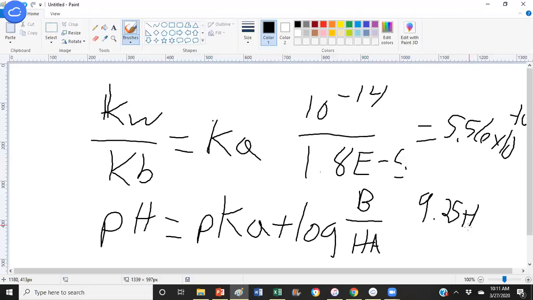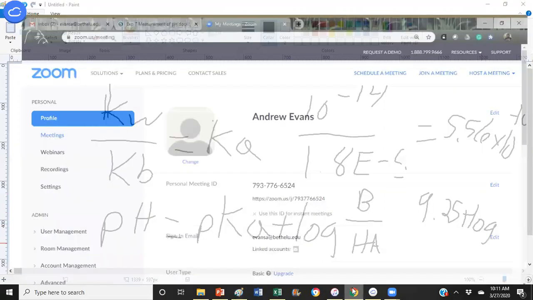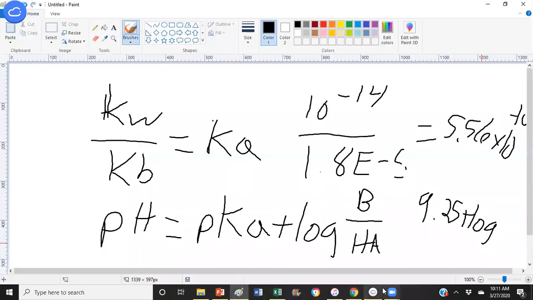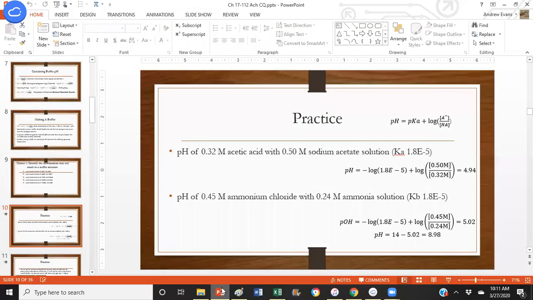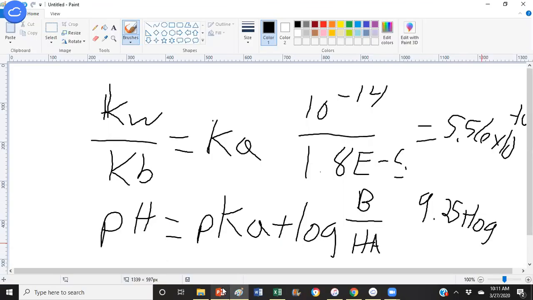Now we're adding the log of, how much ammonium did we have, which is our acid? 0.45. How much base did we have? That's ammonia, 0.24.